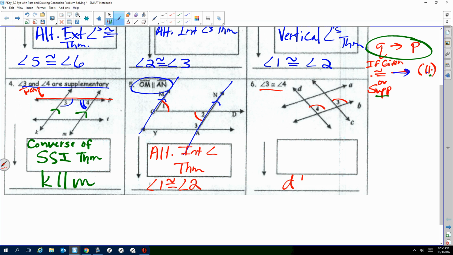D is parallel to C. That is correct. So now that I'm proving parallel, what do I need to state in this box? It has to be a converse, okay? Whenever we're proving parallel, it's a converse. Converse of what theorem? What do you think? Yeah, 3 and 4 are corresponding angles, so we do the converse of corresponding angles postulate.